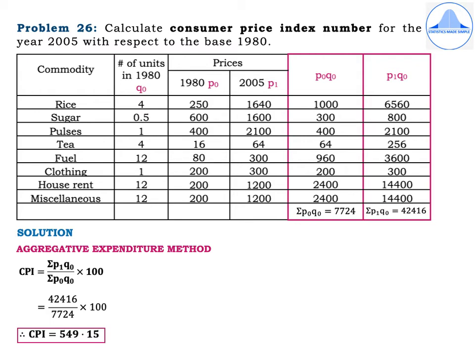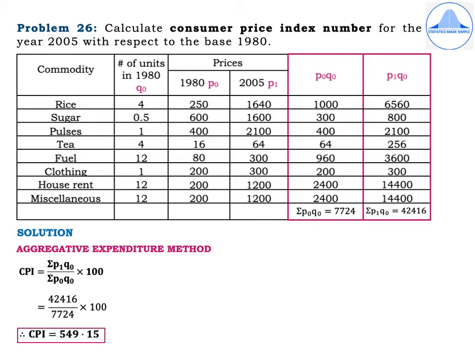So form two more columns, P0 Q0 and P1 Q0. P0 Q0 values are 1000, 300, 400, 64, 960, 200, 2400, 2400. P1 Q0 values are 6560, 800, 2100, 256, 3600, 300, 14400, 14400.